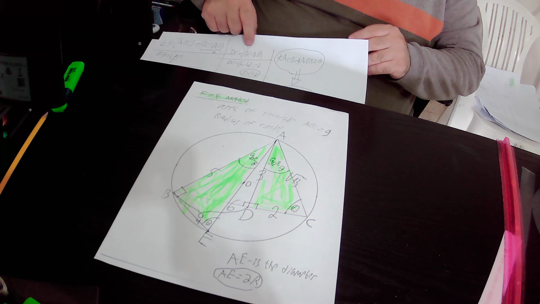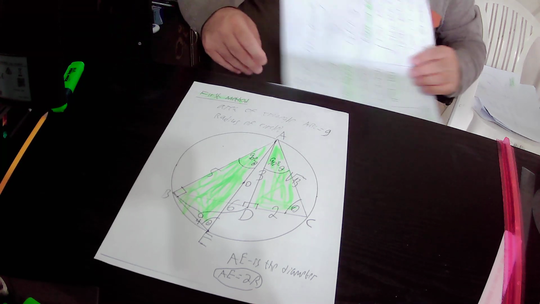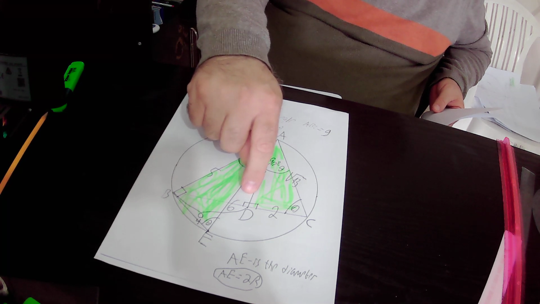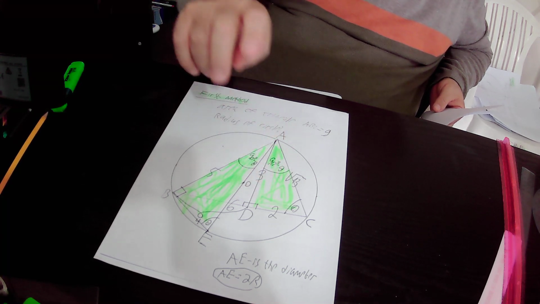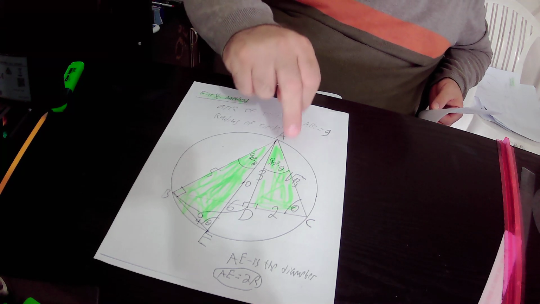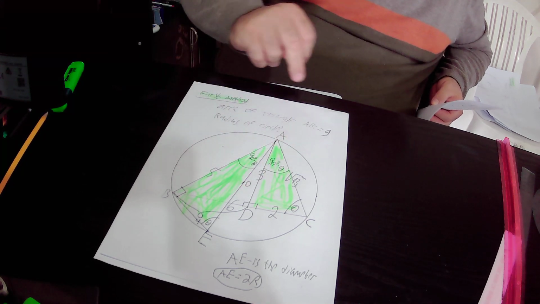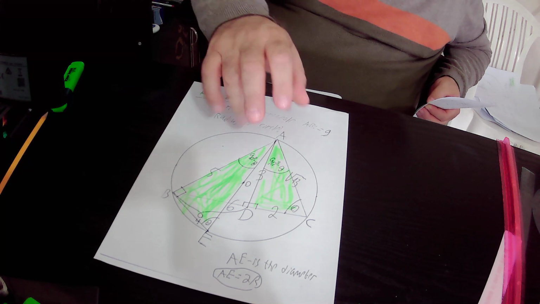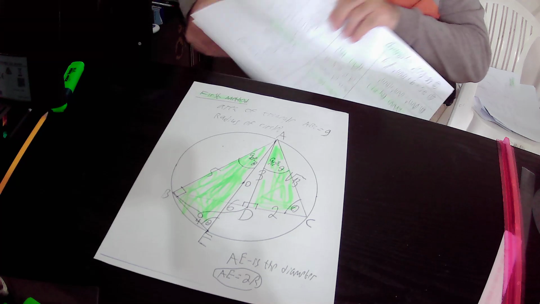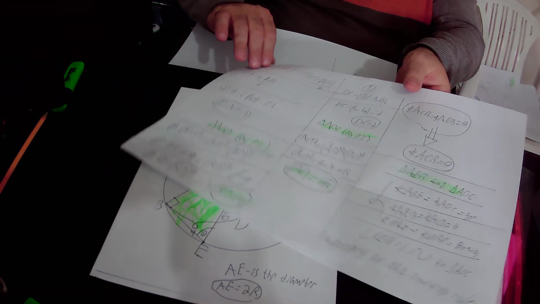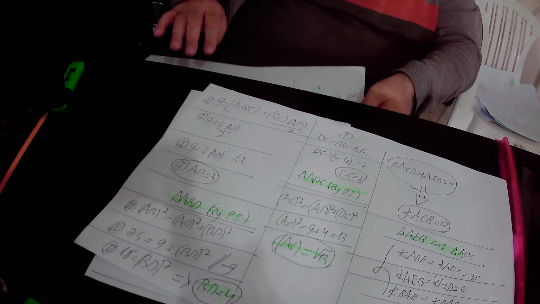From point A, we draw a perpendicular on BC, so this angle equals 90 degrees, and this angle also equals 90 degrees. According to our construction, we define the touching point of the perpendicular from point A and BC as D. Okay? So we actually know that the area of triangle ABC equals 9 square units.